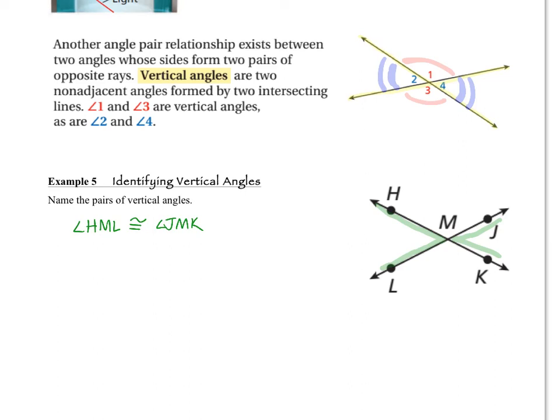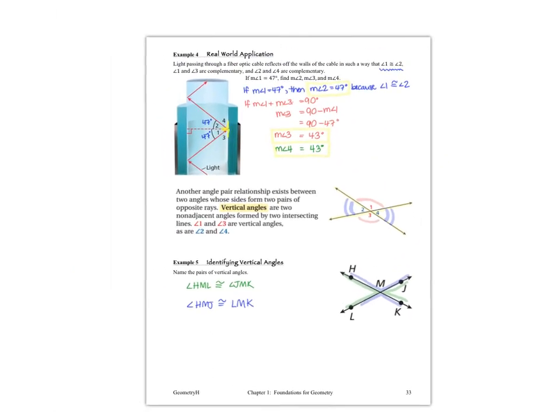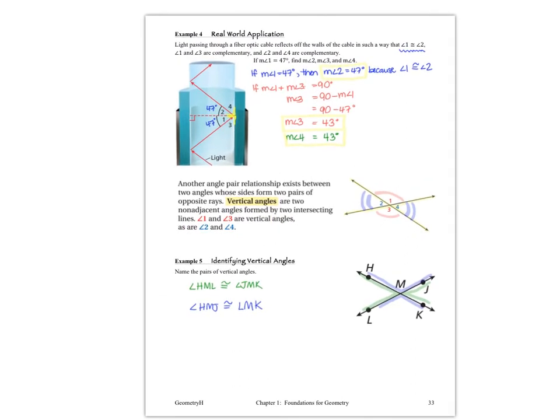When these 2 lines intersected, another pair of vertical angles was also created, and these are the ones that I'm marking in blue right now. So we know that angle HMJ is going to be congruent to angle LMK. So those are our 2 pairs of vertical angles created by these 2 intersecting lines.